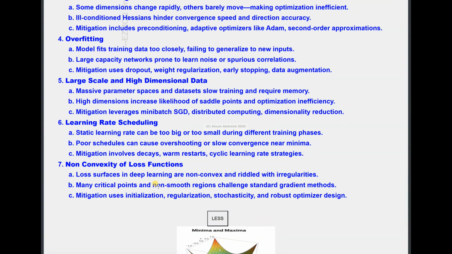All right. Then there is the non-convexity of the loss function, which I have shown you here. In real life, deep learning loss functions are typically non-convex. They contain many valleys and many peaks, as you can see in this diagram. This makes it hard to guarantee global convergence.